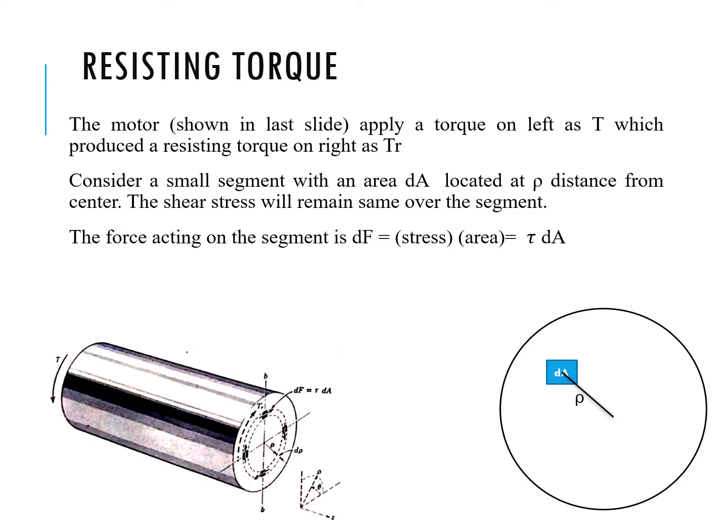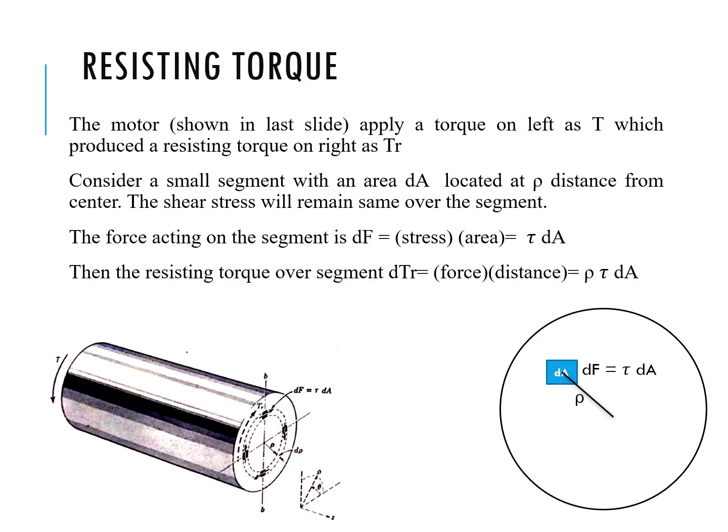Now, if we want to find the force acting on that specific segment, we know that force is stress times area. The stress is tau and the area is dA, as shown in the figure. And we know that torque is force times the perpendicular distance from the point of rotation to the point where the force is applied.